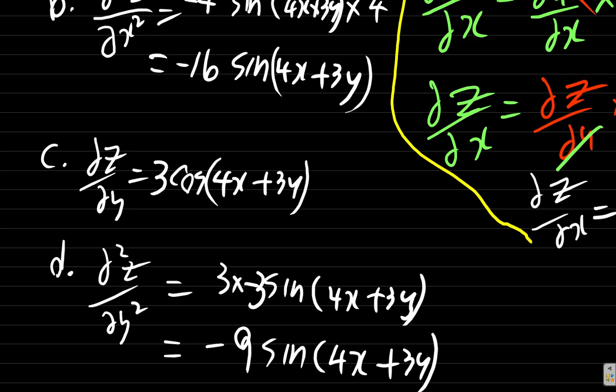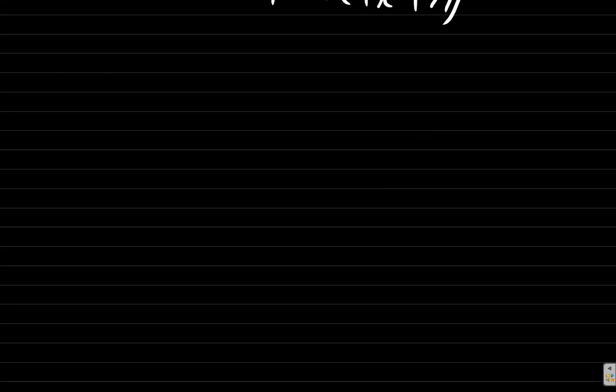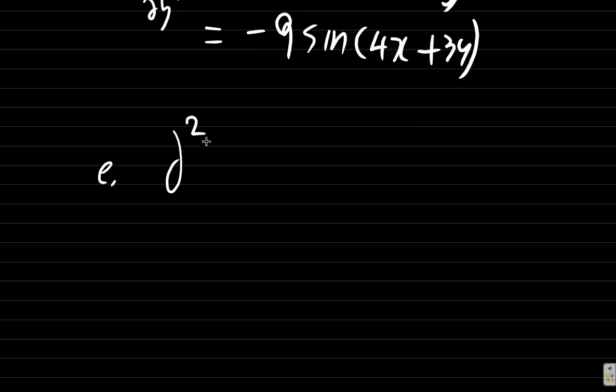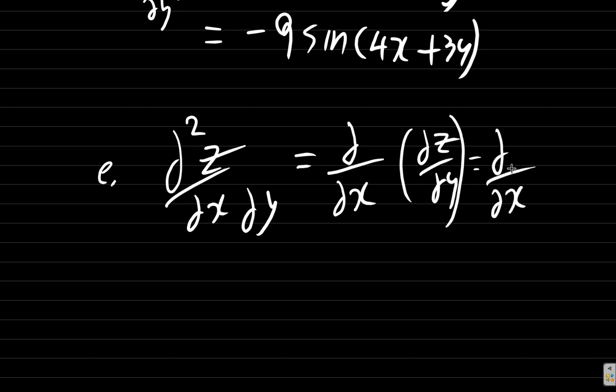Alright, so let's do the next part. We want to find del squared z by del x del y. This is part E. Del squared z by del x del y means del by del x of del z by del y.